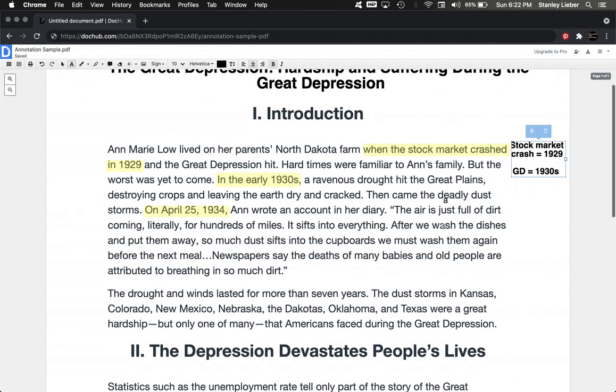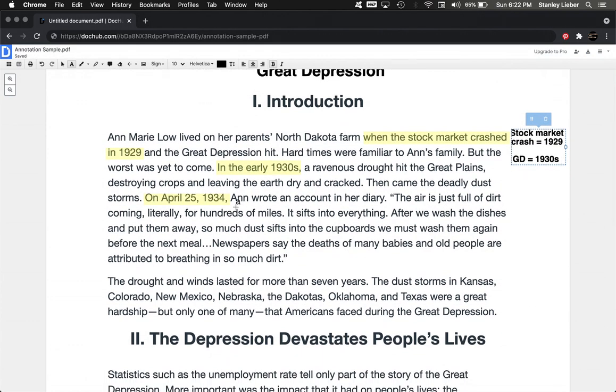As we continue to read through this introduction, like I said, we have this tag here. Anne wrote an account in her diary, and we've got this really nice quote about what it was like to live through this horrible time when the deadly dust storms came.